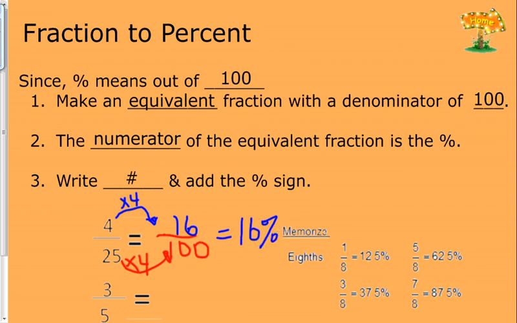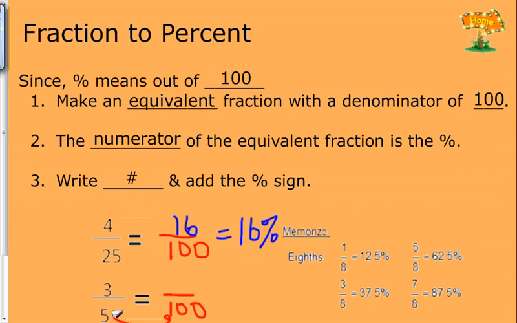Okay. Go down to our second example. I would like you to pause me and try the second example on your own. Okay, remember you want to set it to a denominator of 100. So you want to see how many times that 5 can go into 100.